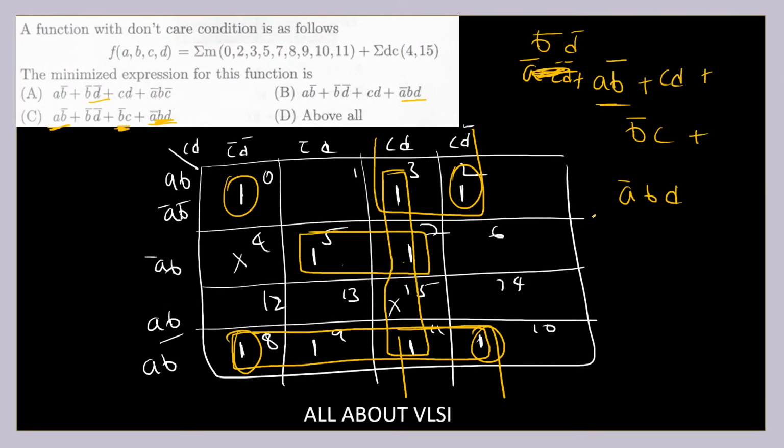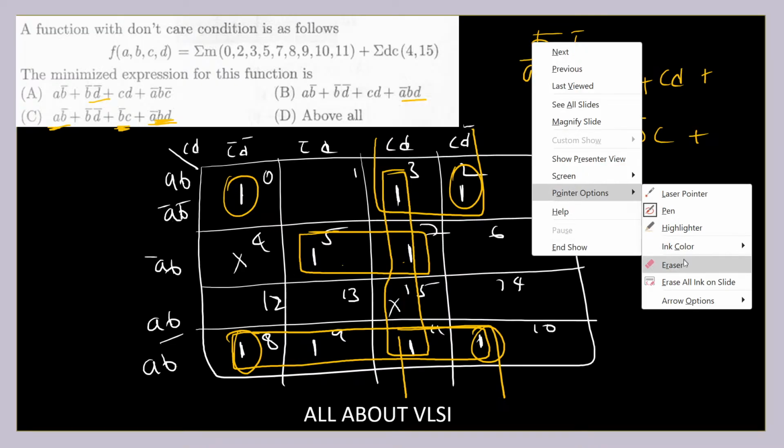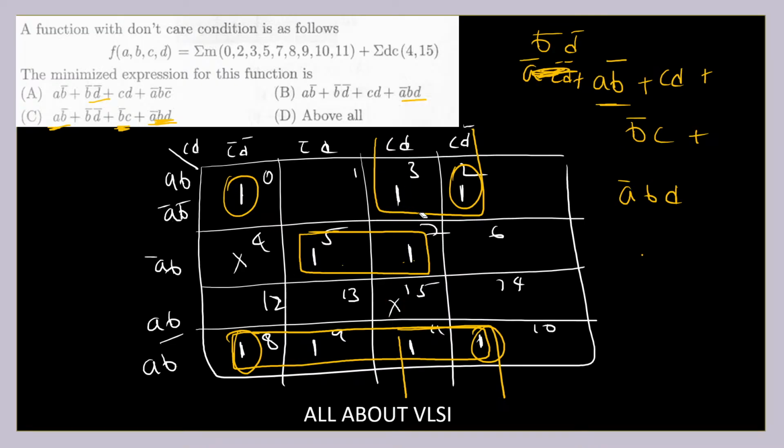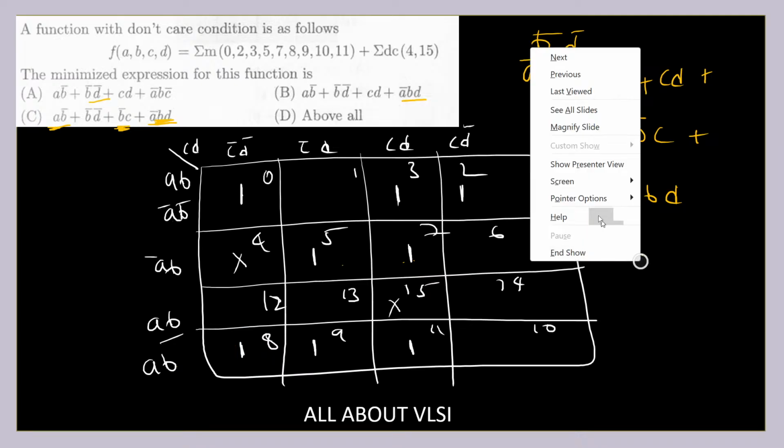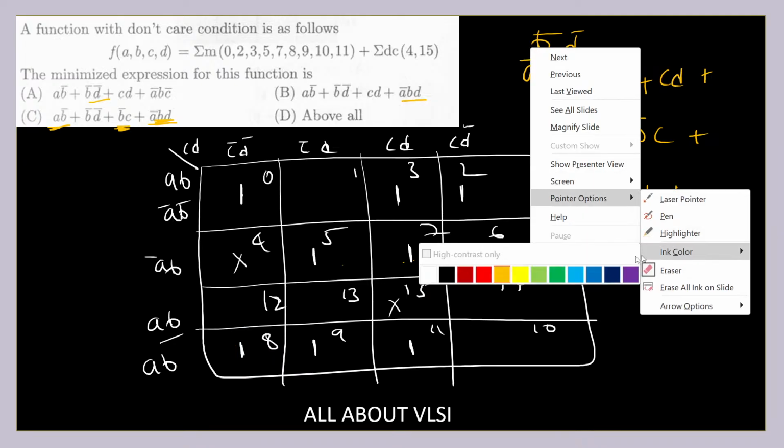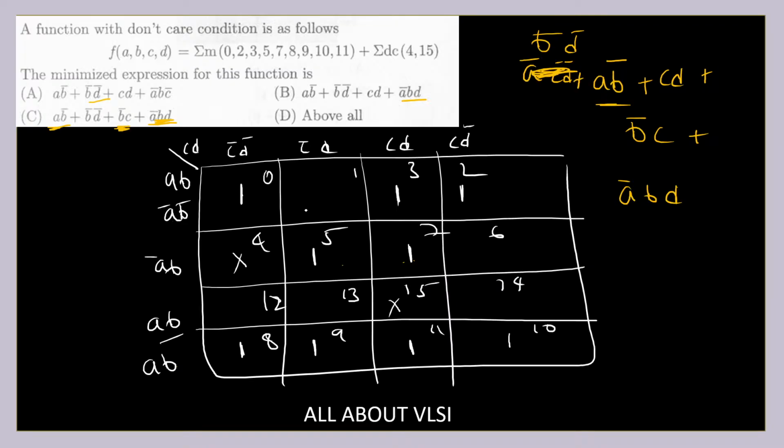So basically there will be three possible combinations I am going to get. Let me erase all this and let me show you. So the answer will be all of the above. Let me show you how I'm going to get it.